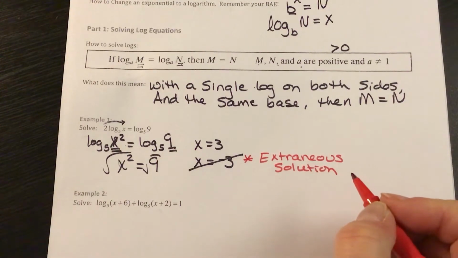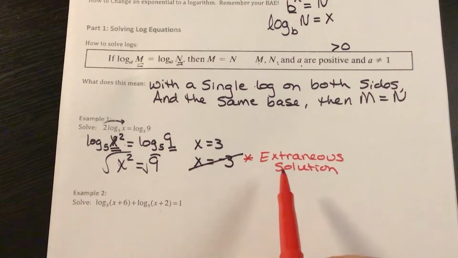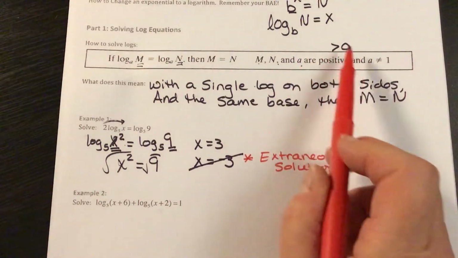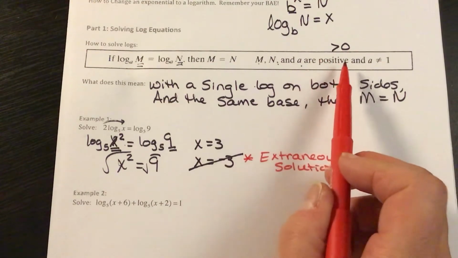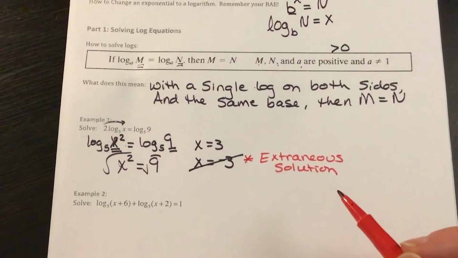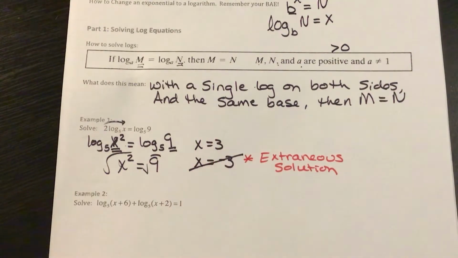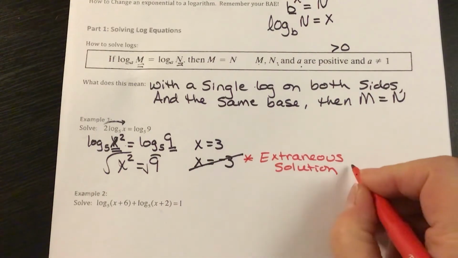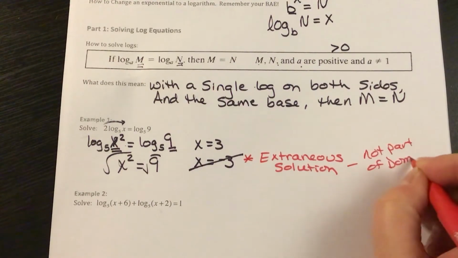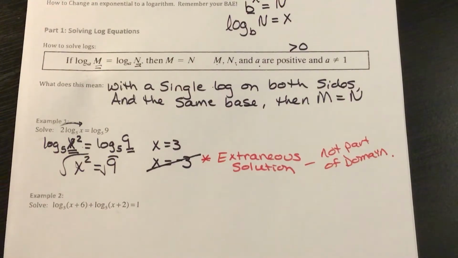That's because this value has to be greater than 0. It works algebraically, but in terms of our domain, x has to be greater than 0. An extraneous solution is just something that we get that algebraically works but is not part of the domain.